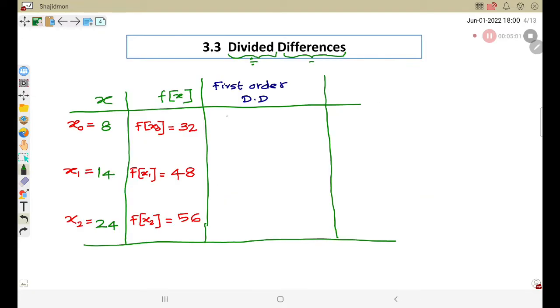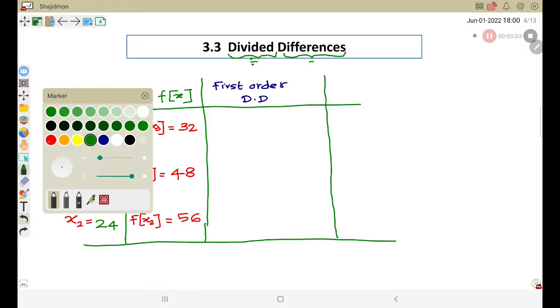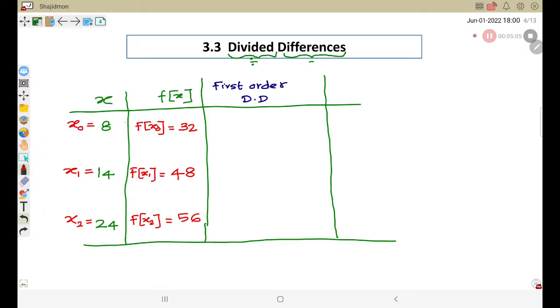So for first order divided difference, from the x numbers we take two numbers. First I am taking 8 and 14 as the x numbers, x0 and x1.